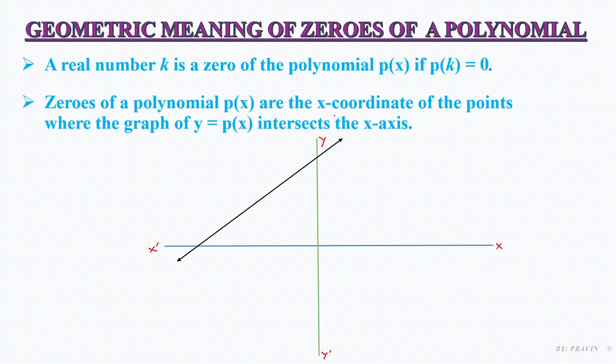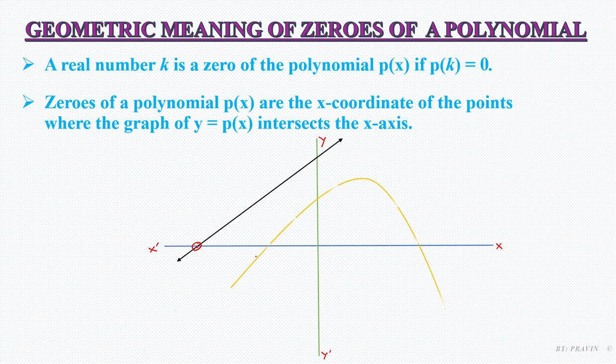The definition says the x coordinate of the point, so we need to focus only on the x coordinate, not the y coordinate, where the graph of y = p(x) intersects the x-axis. Can you see that this is the point where the x-axis is being intersected by this graph, here in black color? So this point will be the zero of this polynomial.